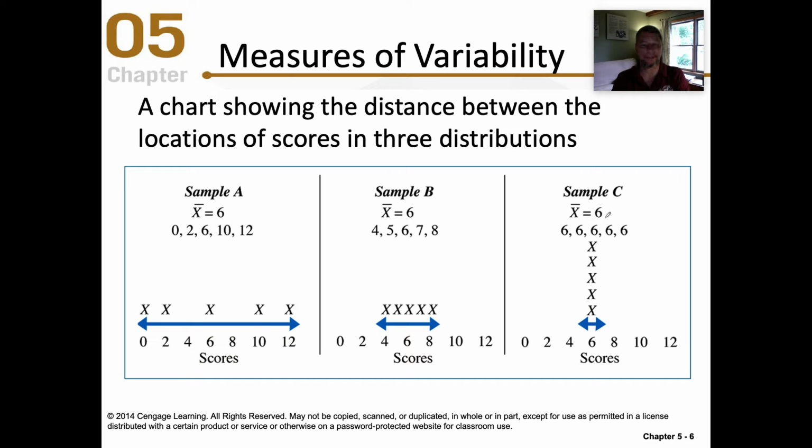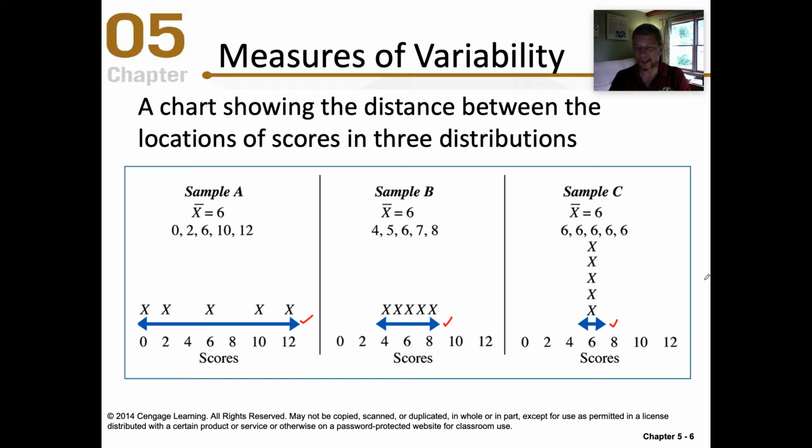in sample A, okay? The blue arrows that you see at the bottom of the screen here and here and here represent the range of the data. Notice that in sample A, the range extends from 0 to 12. In data set B, it extends from 4 to 8.